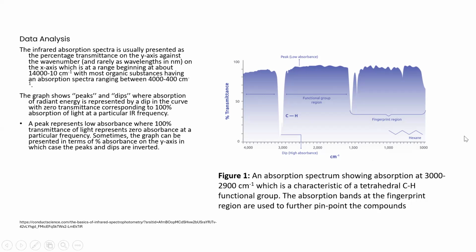And now you can see here the range 3,000 to 4,000. You are seeing a very broad band, right? Here also you are seeing a very broad band, but here you can see a single peak, right?